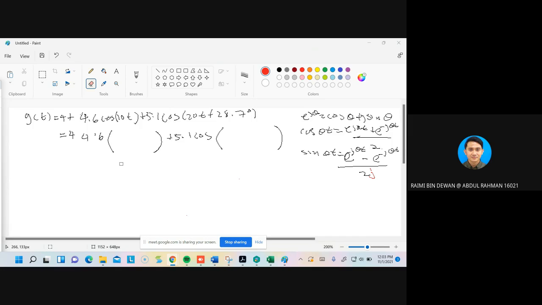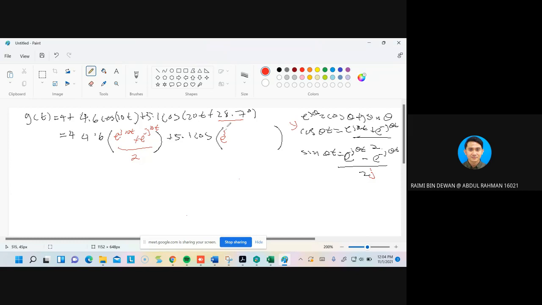So you use exponent e to the j 10t, plus e to the negative j 10t, and don't forget to divide by 2. Next you have 20t with the phase shift 28.7.